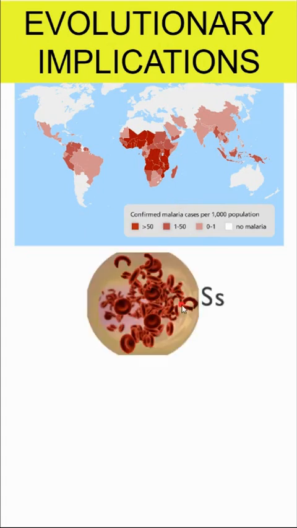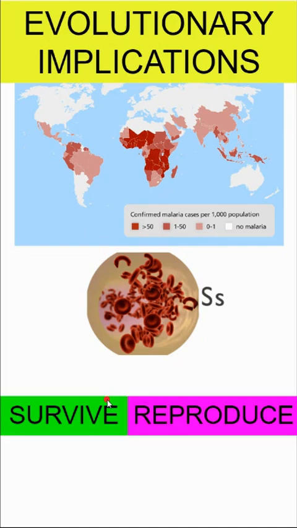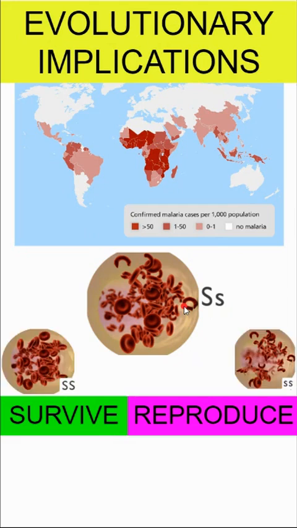That mutation is going to have evolutionary implications, because the original mutation is actually going to be beneficial, because the people, especially within this region of Africa, would be able to survive malaria and go on to reproduce. As they reproduce, they'd pass on that allele for the mutated version that causes sickle cell.